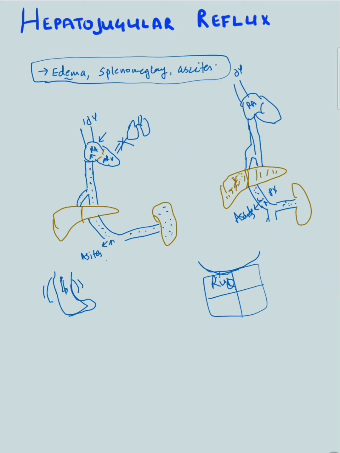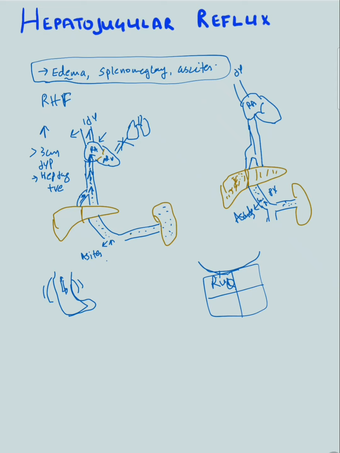So you push the right upper quadrant, and that will result in this fluid going up into the right atrium and also the jugular vein. So the jugular venous pressure will rise. There will be a rise of greater than 3 centimeters in jugular venous pressure, and that confirms that the hepatojugular reflux is positive, and this is positive in right heart failure.